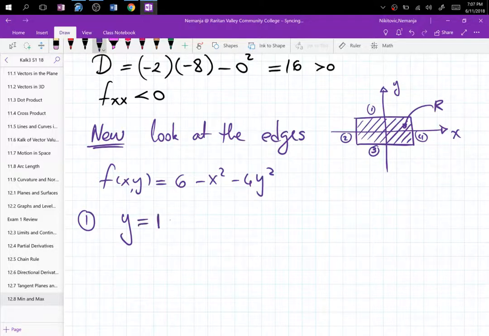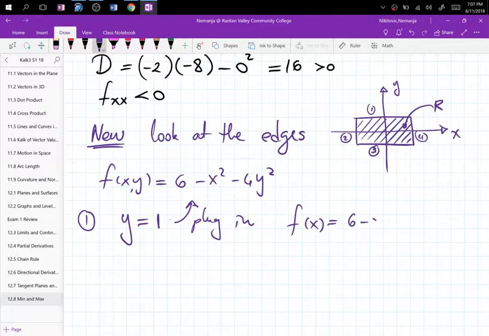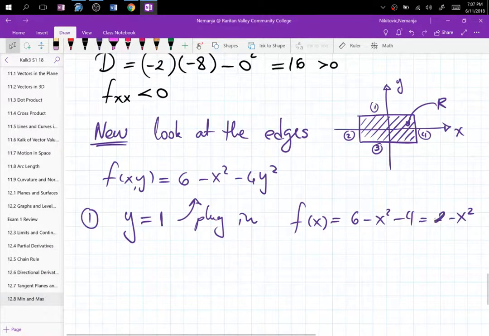I hope you see the y equals 1 equation up there because it's a horizontal line, right? Plug in. And you see that your equation now collapses into f of x, because now I have 6 minus x squared minus 4, which is 2 minus x squared. Guys, this is 2 minus x squared. I can optimize this quickly.